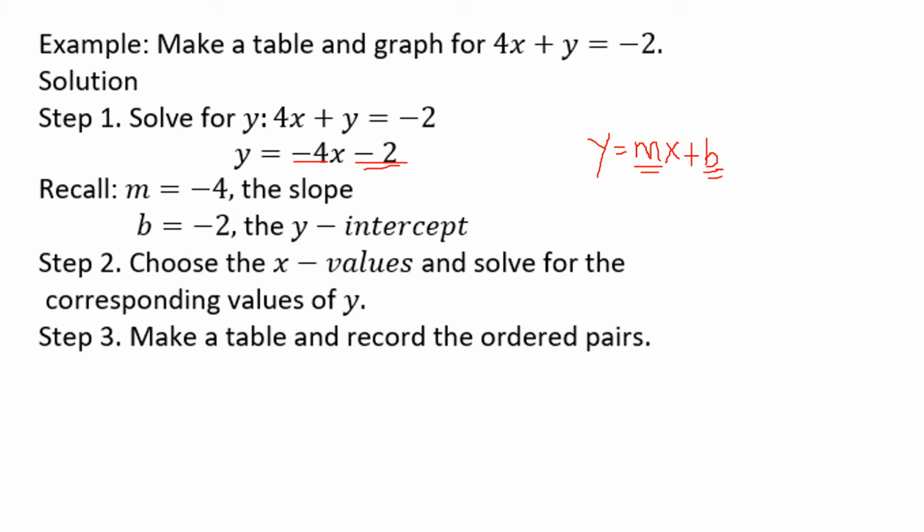Next, step 2 is choose the x values and solve for the corresponding values of y. Then, step 3 is make a table and record the ordered pairs. So, ang step 2, pwede na siyang ma-combine sa step 3. Kaya pipili tayo ng mga x values. So, pwede kayong mag-decide kung ano ang mga x values na pwede ninyong i-assign.